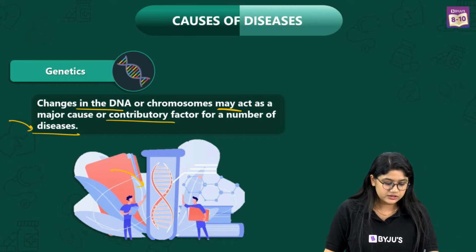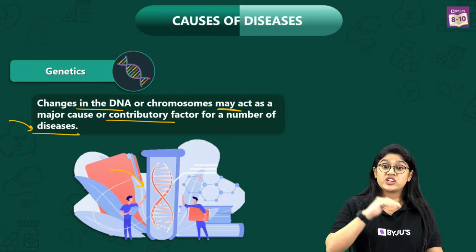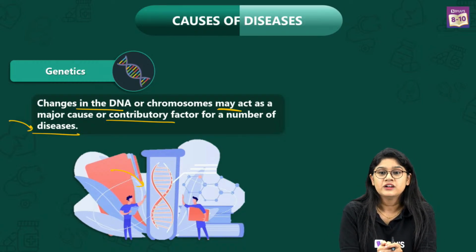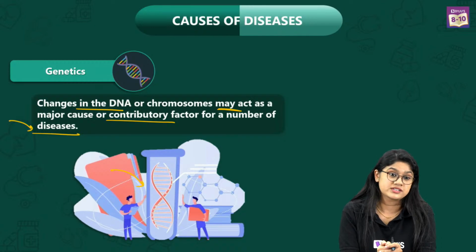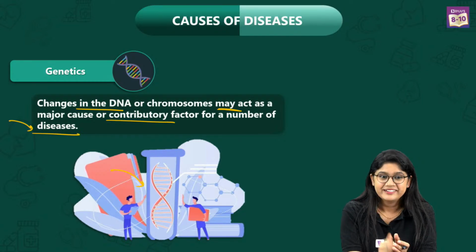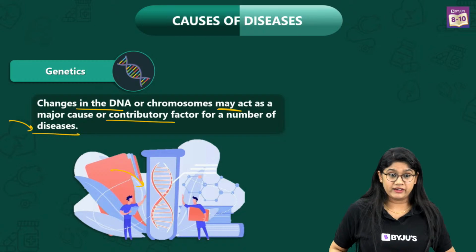So if there's a change in the genetic material, in the DNA that we have, we can see various genetic diseases, or we can say a lot of genetic disorders. Yes, absolutely correct. Passed from one generation to the next generation, right? Very good, Ashish. Awesome. So that's the fourth cause we have.